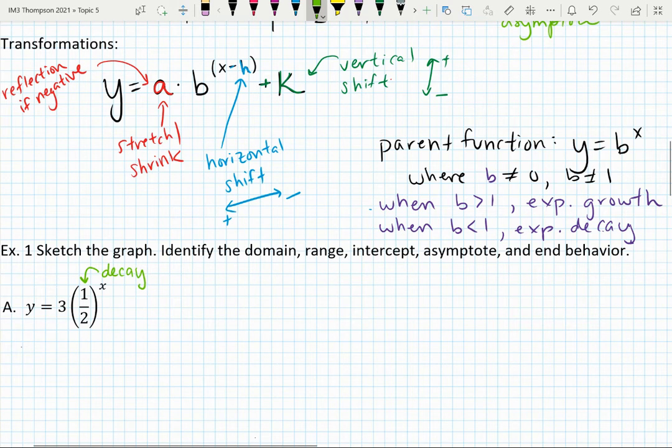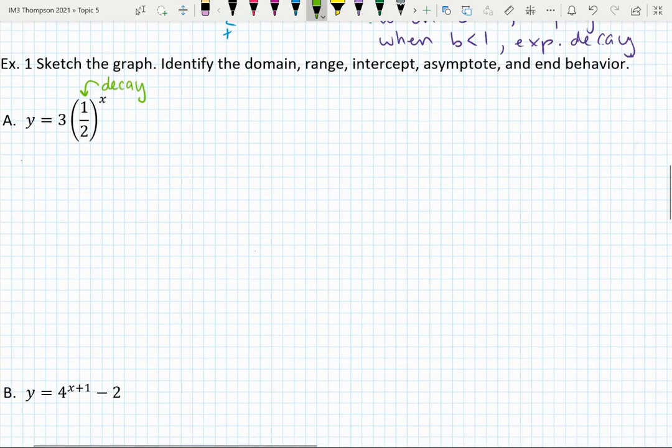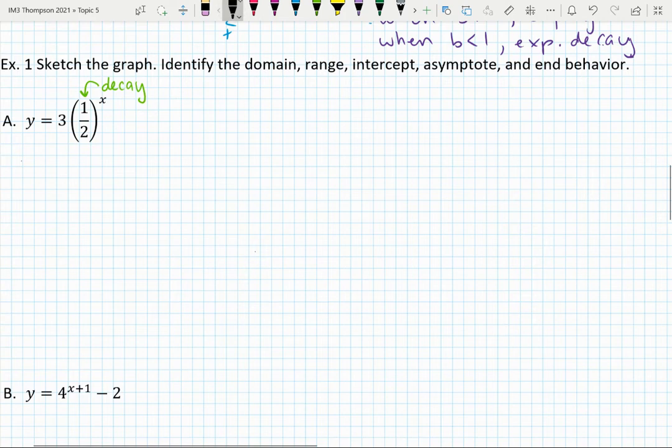First thing first, I'm going to make a table and a graph. I don't have any shifts at all, I don't have any movement away from the origin. I'm going to go for some values of x here.